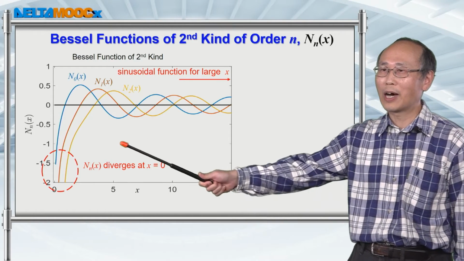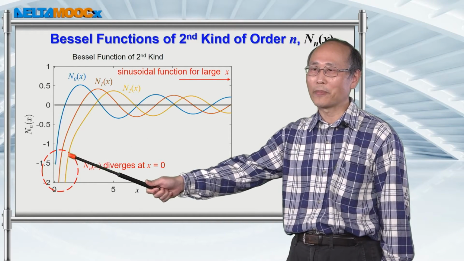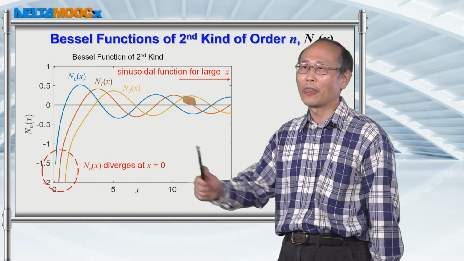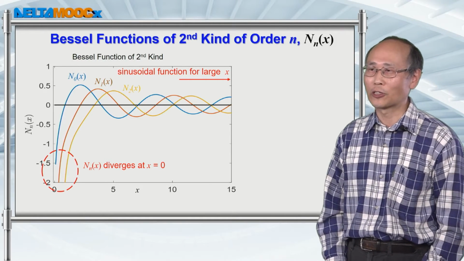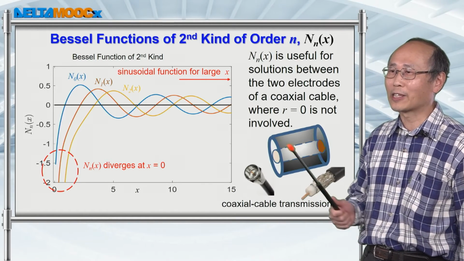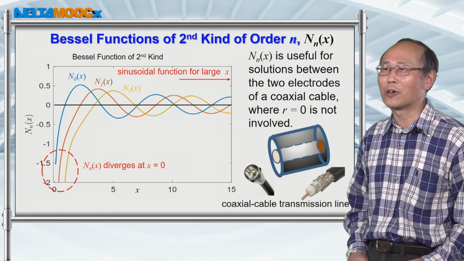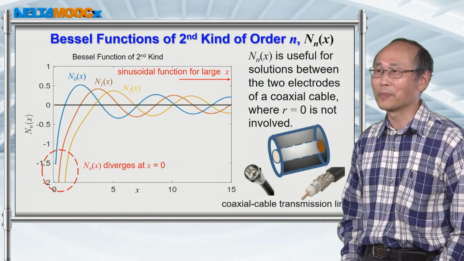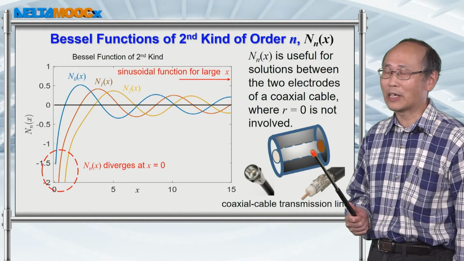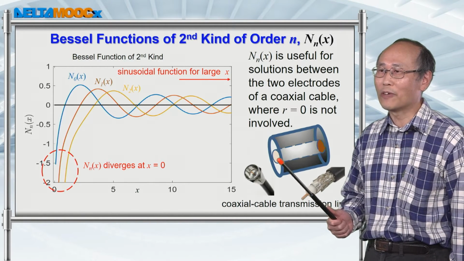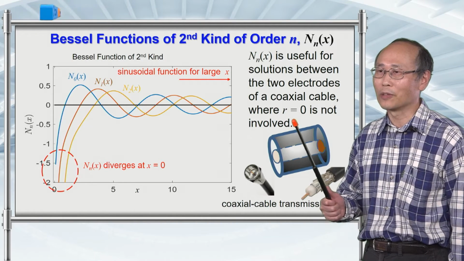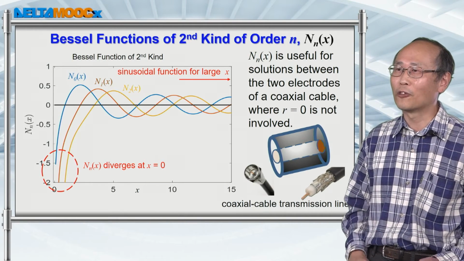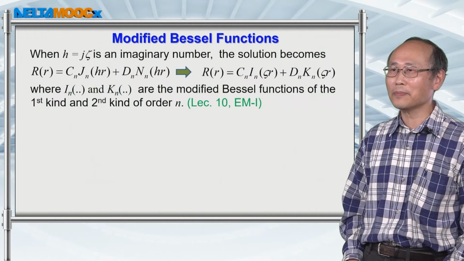So if you deal with a problem where r equal to 0 is involved, you should avoid using this Neumann function as a solution. But quite often we use the coaxial cable as a cylindrical waveguide for guiding electromagnetic signals. In this cylindrical waveguide, you don't involve the solution at r equal to 0. So quite often we pick the Neumann function as a solution for a coaxial waveguide.